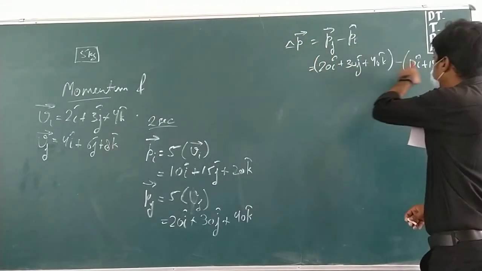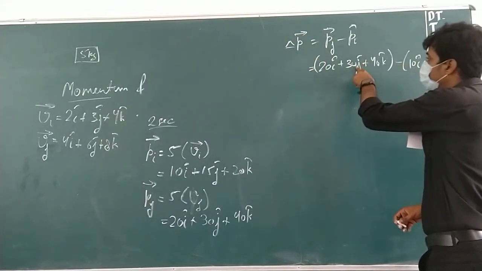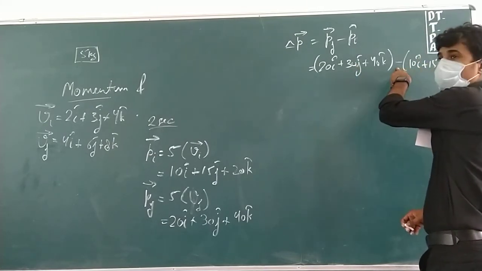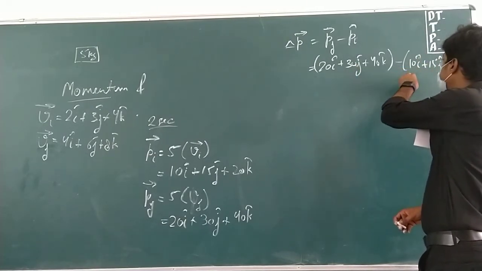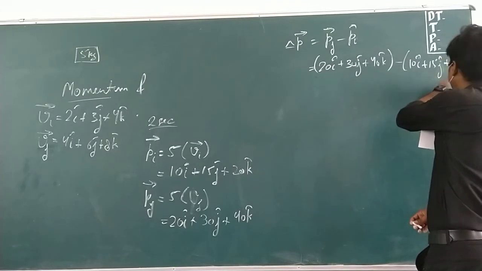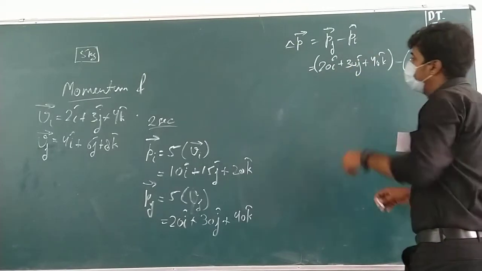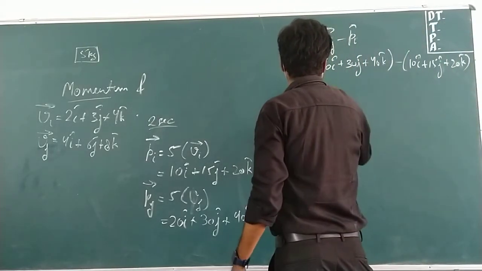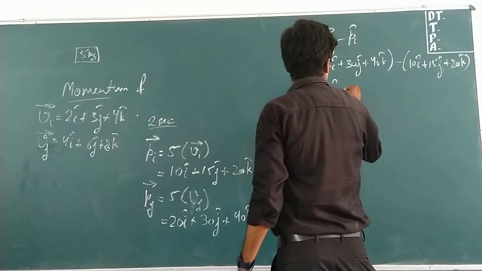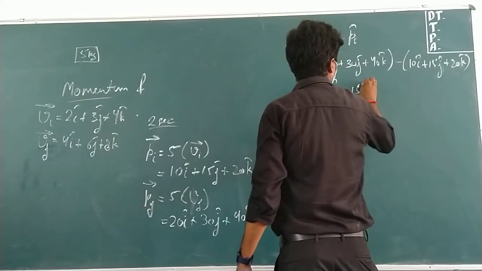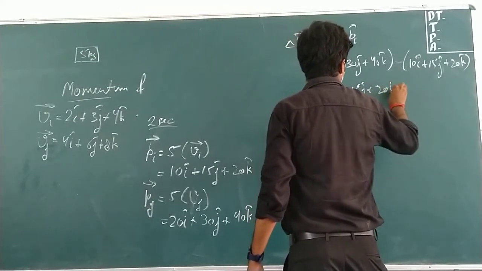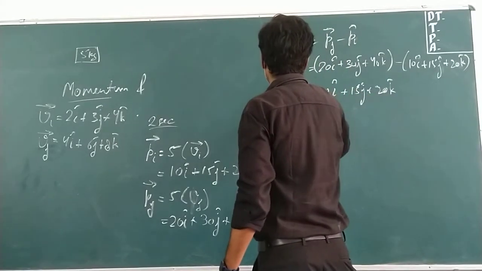From i you subtract i, from j you subtract j, opening the brackets, minus 10i, minus 15j, minus 20k. When you subtract, you get 10i cap, 15j cap, 20k cap. This is the change in momentum.